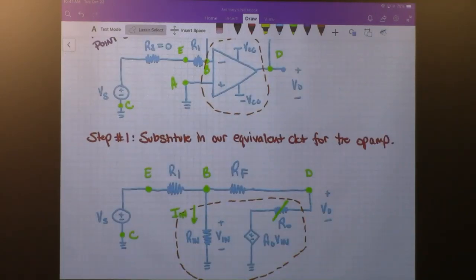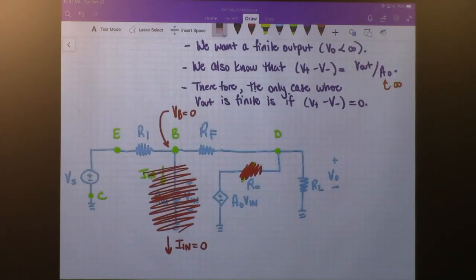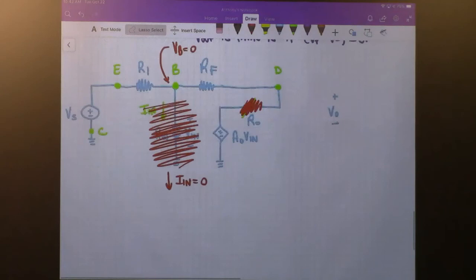So we'll do it without the load for now. Okay, so we have a circuit. Are we almost done? We're close, right?